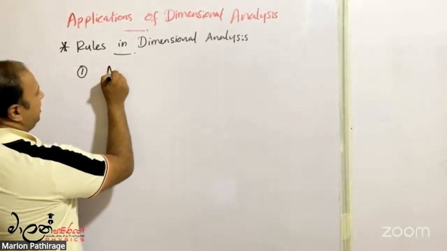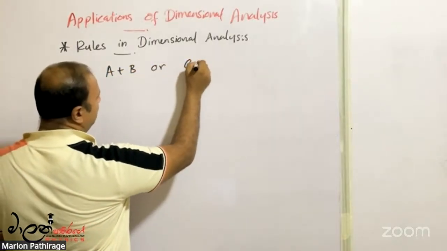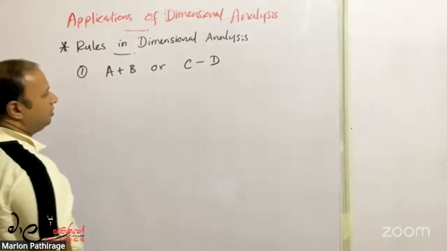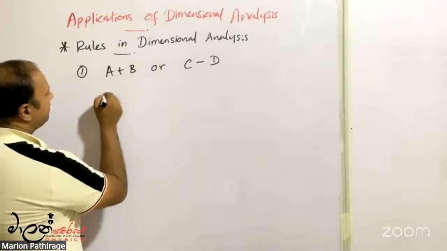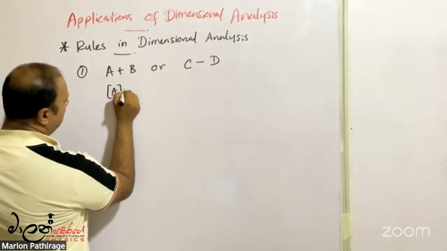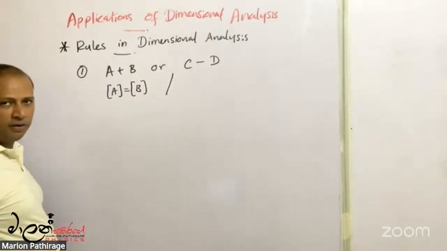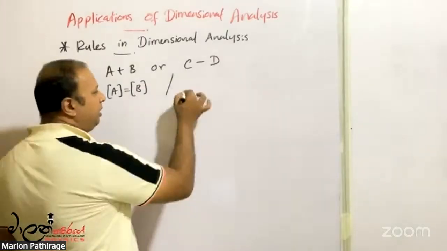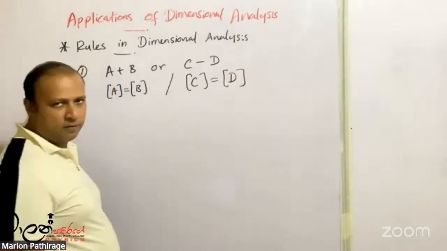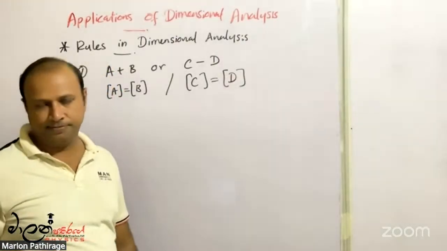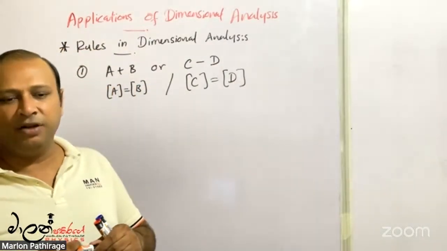If there's an addition or a subtraction, definitely these two physical quantities should be equal. That means their dimension should be equal. No need to write all the things, just write it brief.